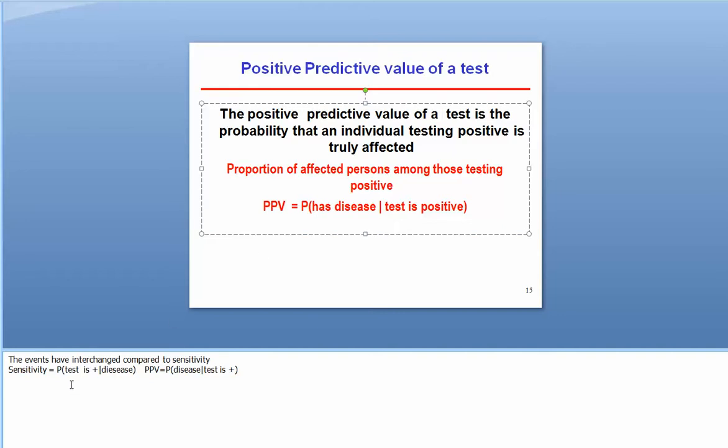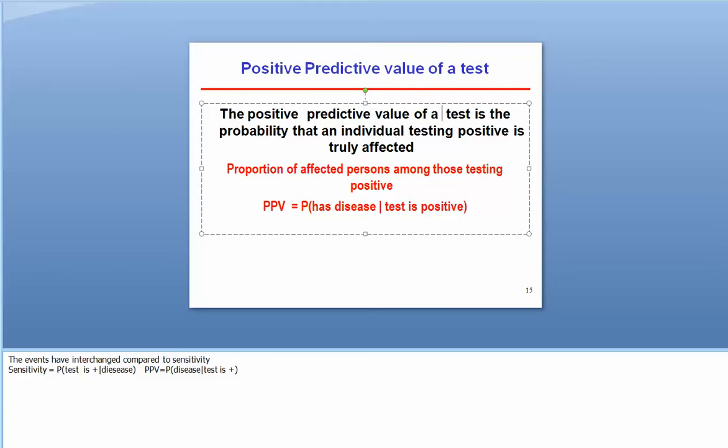It is the probability that the test is positive given that a person has the disease. PPV is the other way around. Now what it is saying is, if you are tested positive, do you really have the disease? That is important when you talk about the entire population, because if so many people come with a positive test and the test is not good enough, it's not going to be predictive effectively, and maybe there will be unnecessary alarm, right? So the PPV should be high for a test to be effective.